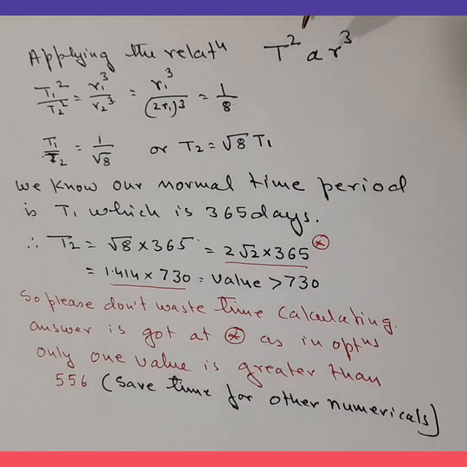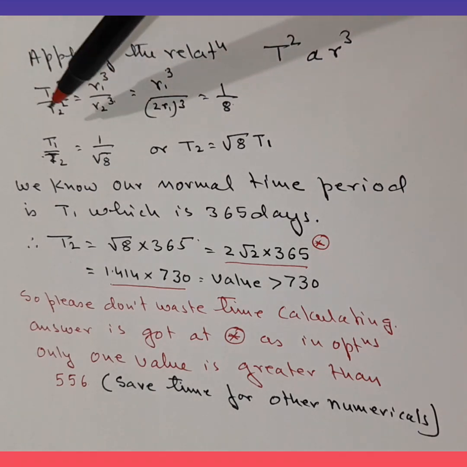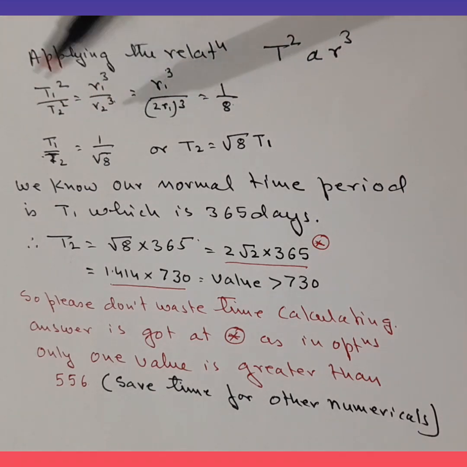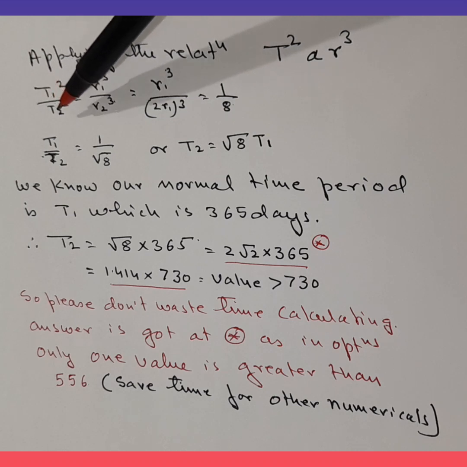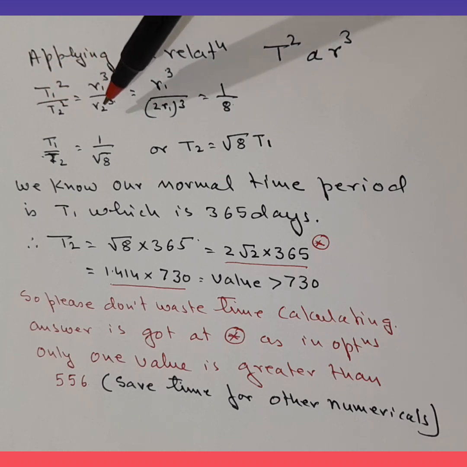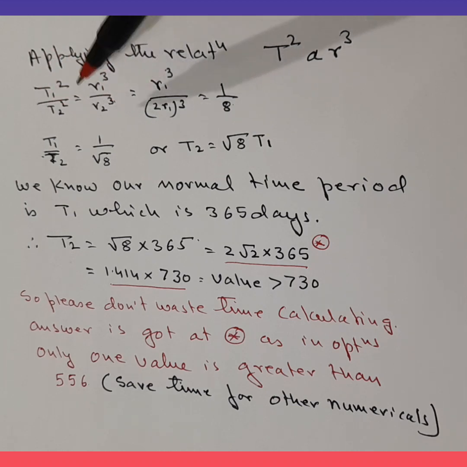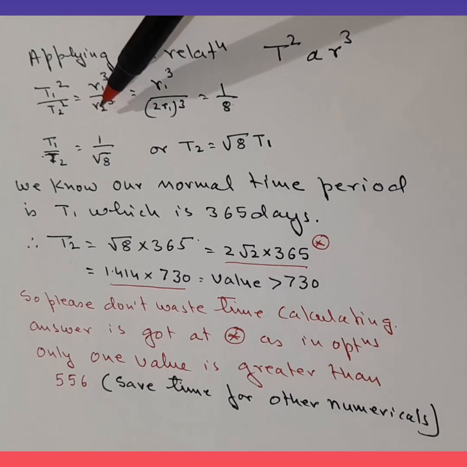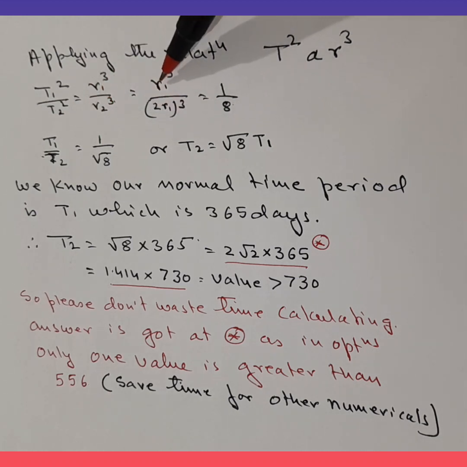Applying the relation t square directly proportional to r cube, t1 square is directly proportional to r1 cube, t2 square is directly proportional to r2 cube. So we can write t1 square divided by t2 square is equal to r1 cube upon r2 cube. Now r2, as already mentioned, is 2r1, twice the initial radius.